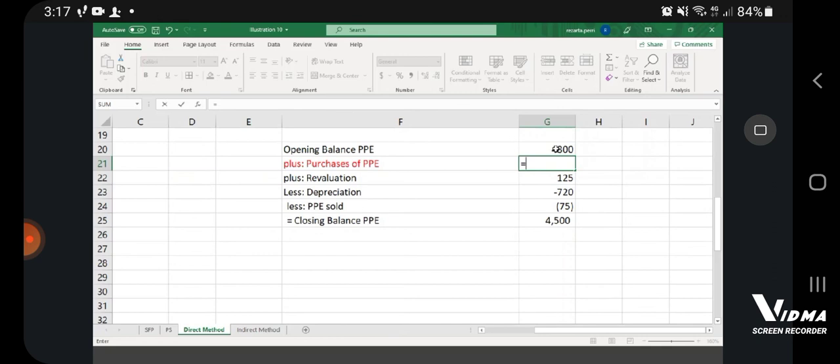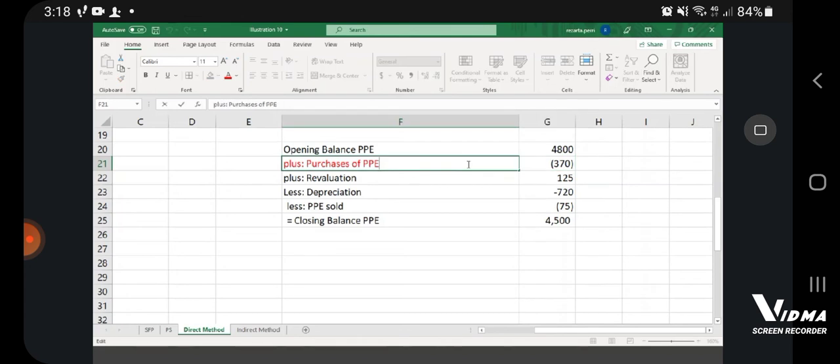That would be like 4,500 plus 1,025 plus all the decreases less, I guess, closing balance. So the amount that we have spent to pay for the purchases of the property, plant, and equipment is 370. Any question how we calculated that?